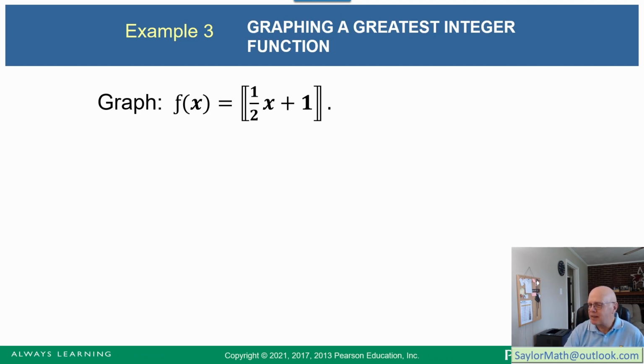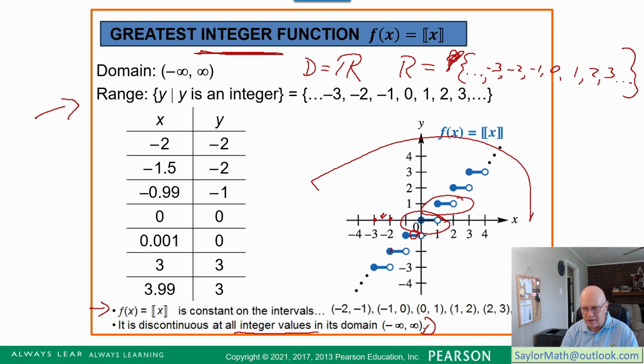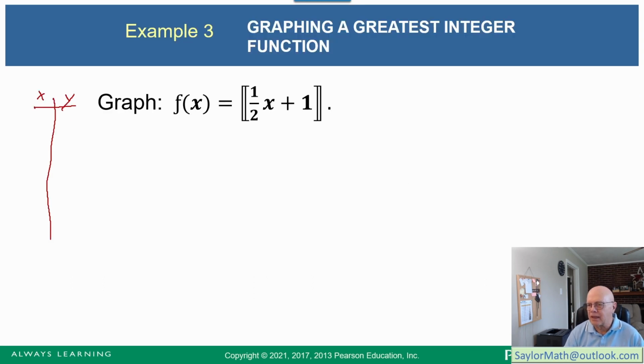So, how does this work? Well, this is one of those examples where you know that it's going to be a step function because it's a greatest integer function. If this were just x in here, you know what it would look like. But this isn't quite the same, so you might have to play around with it a little bit.